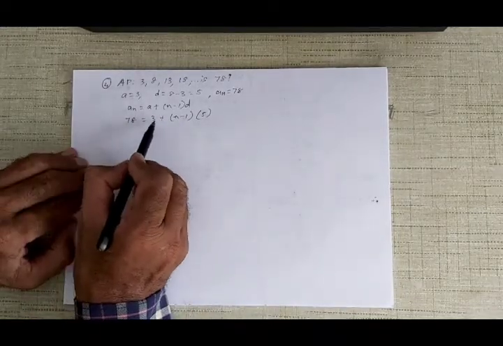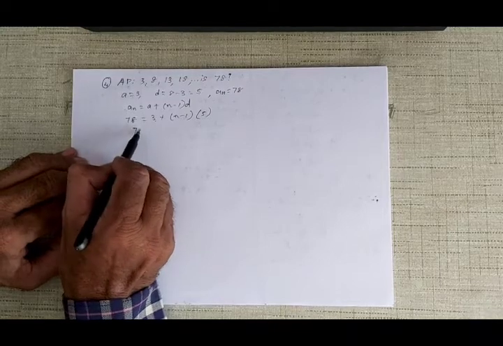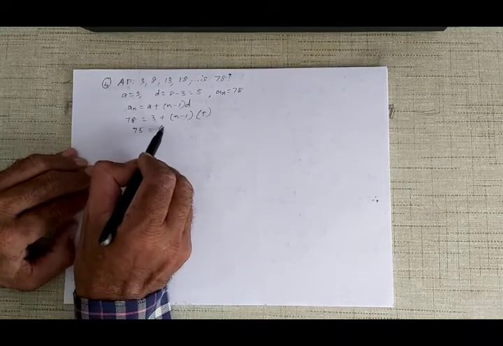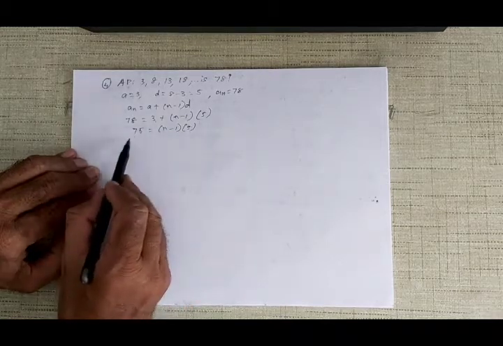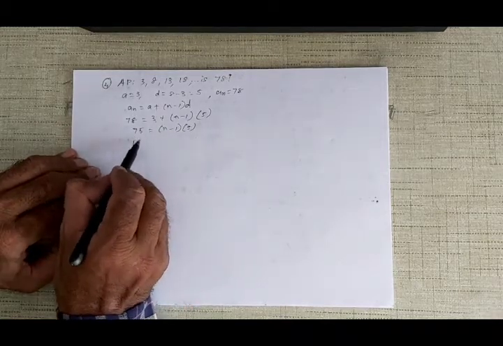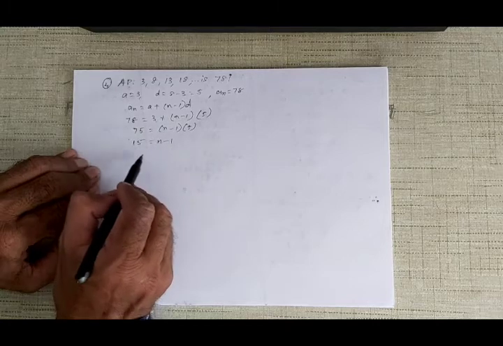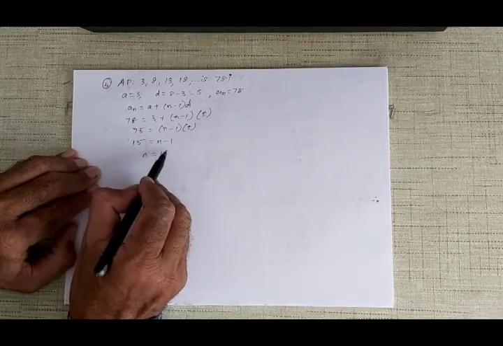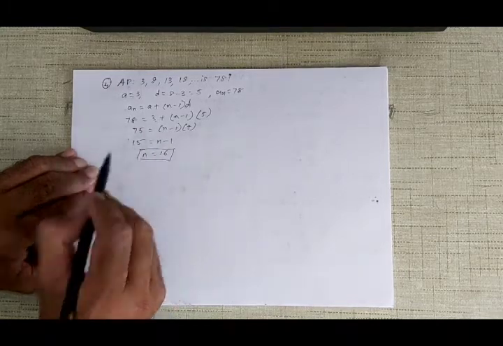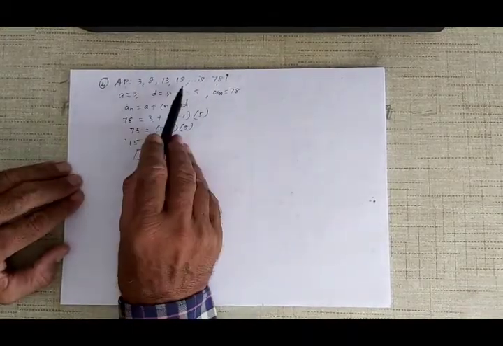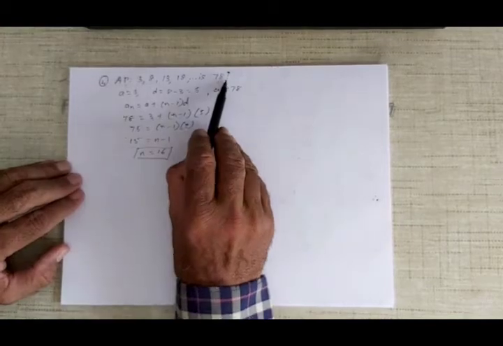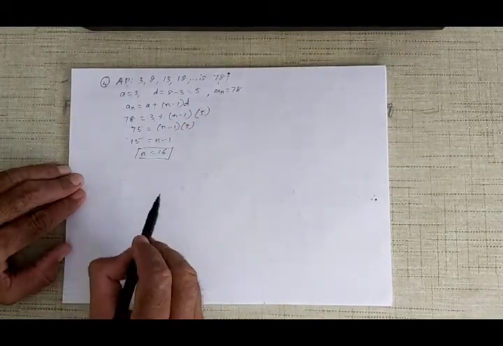Now 78 minus 3 is 75, is equal to n minus 1 into 5. Divide 75 by 5, 15 fives are 75, n minus 1. So n is equal to 15 plus 1, the 16th term. Therefore the 16th term is 78. The question is, an AP is given, which term is 78? The 16th term is 78.